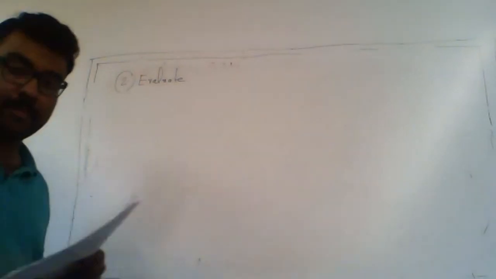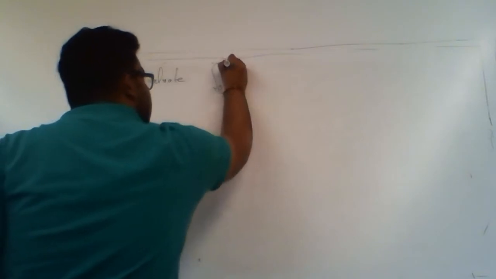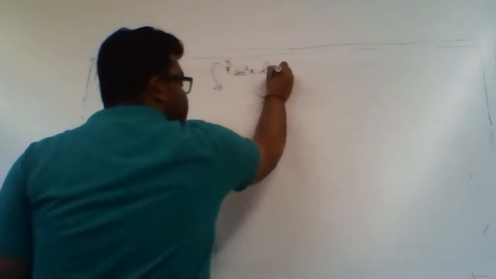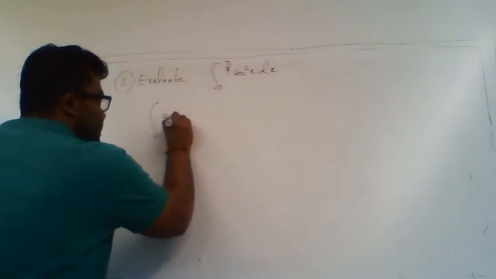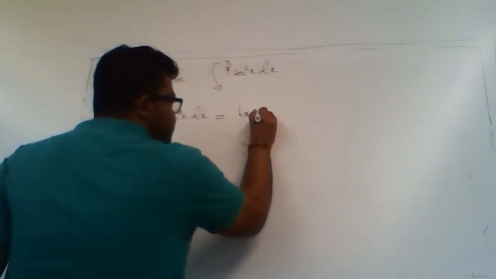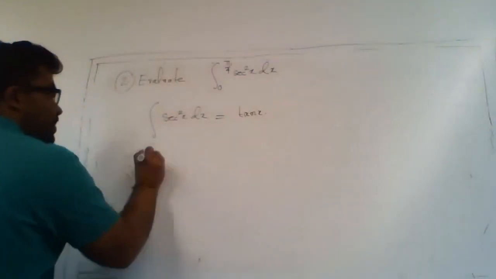Integral from 0 to pi by 4 of sec square x dx. To find this, first of all, as usual, we'll ignore the limits and just consider this. Integral sec square x dx is simply tan x, plus c.